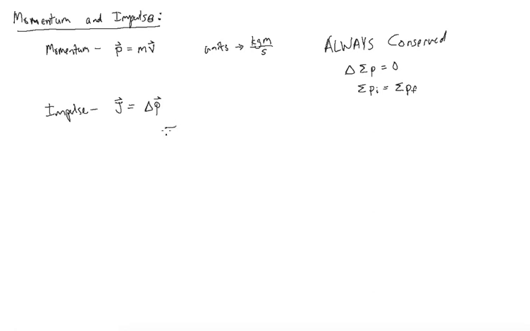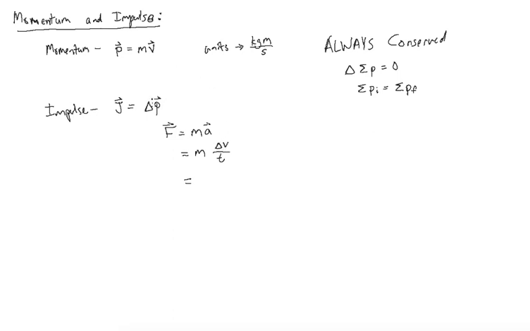Let's take a look back at Newton's second law, F equals m times a. Again, vectors and vectors, but a is simply, by definition, change in velocity over change in time, right? Well, change in velocity times m, if we combine those two together, that's m times delta v.